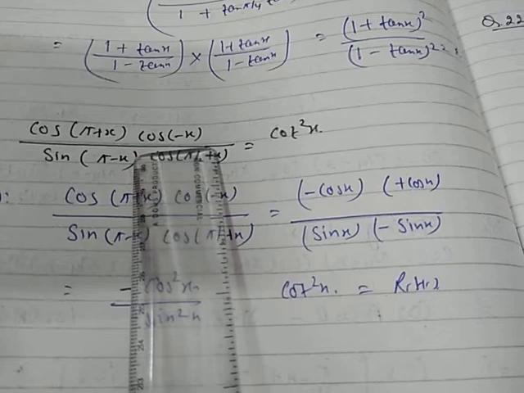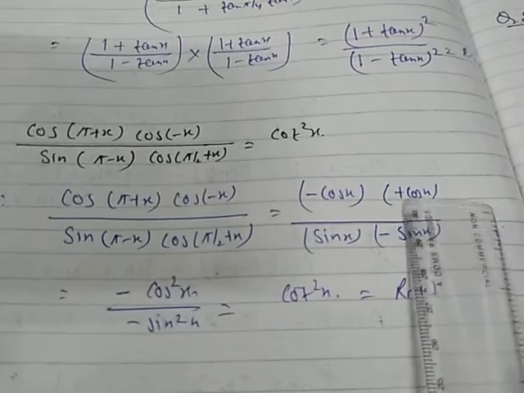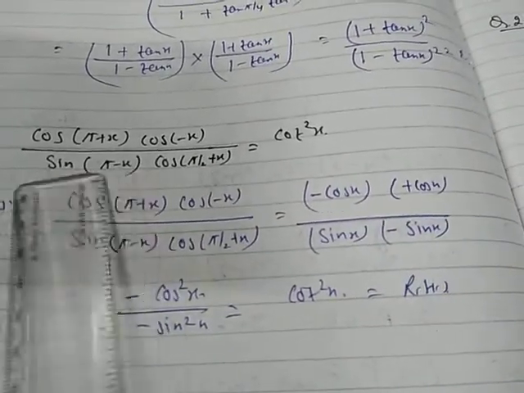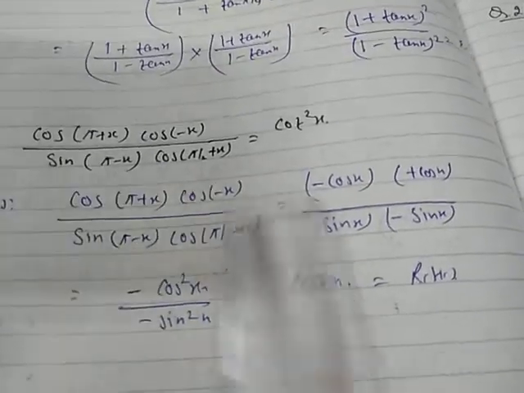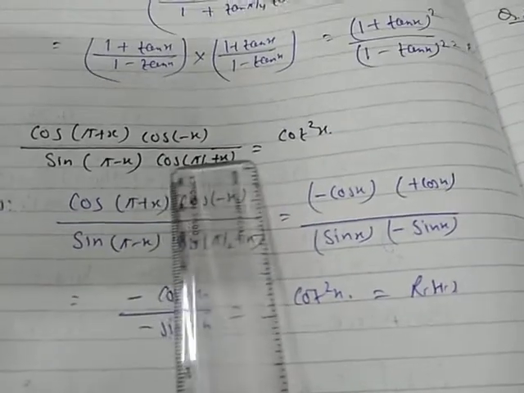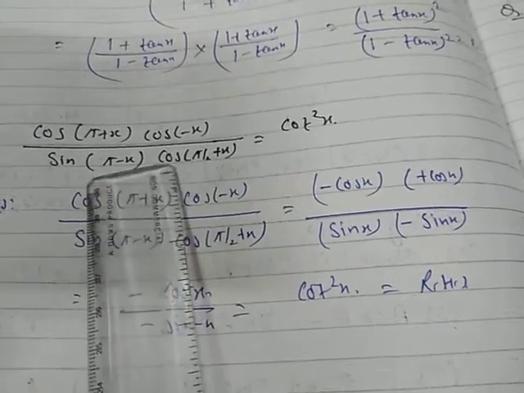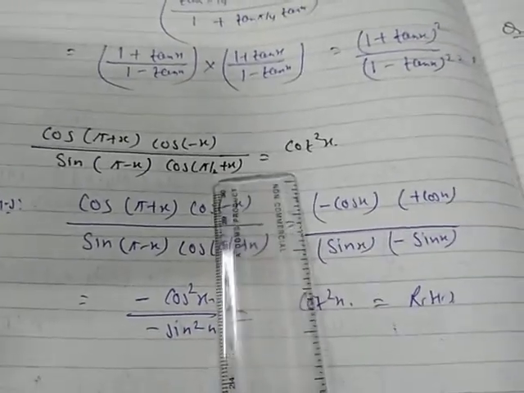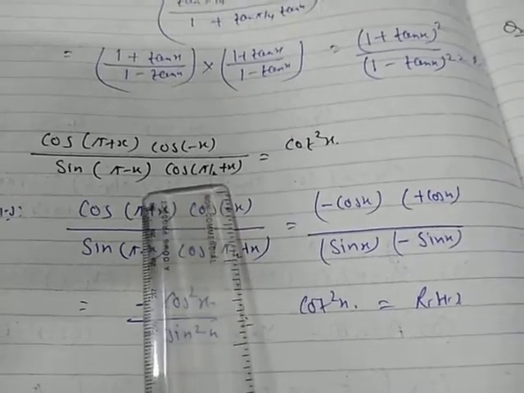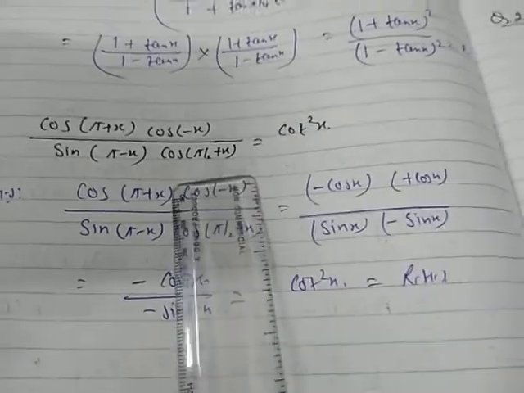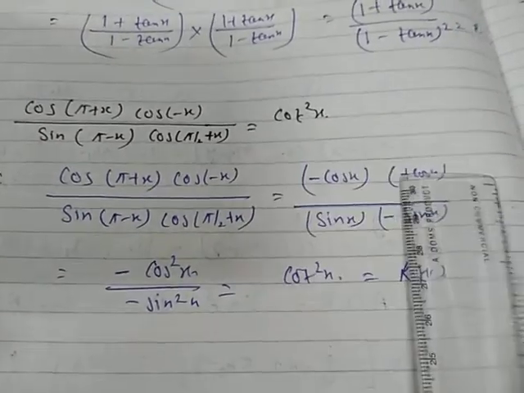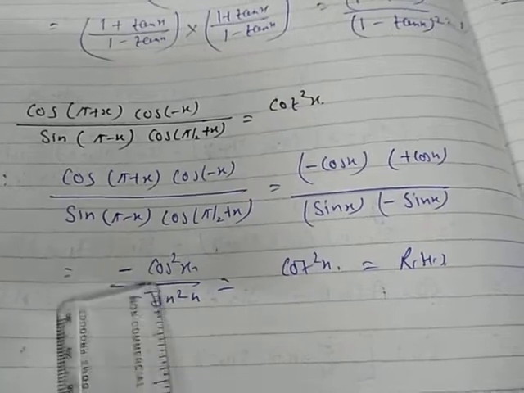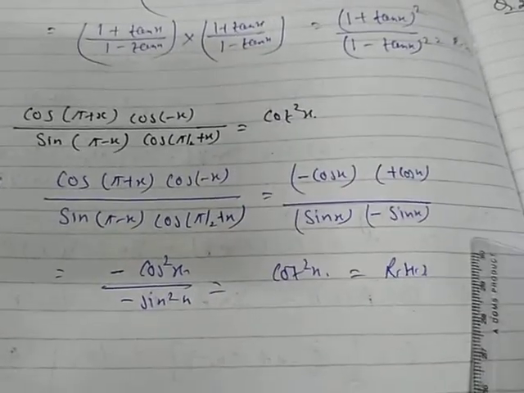Cos of minus x is equal to plus cos x. Sin(pi minus x) is sin x with positive sign, because pi minus x lies in the second quadrant. Cos(pi by 2 plus x), the angle is an odd multiple of pi by 2, therefore cos is converted into sin. Pi by 2 plus x lies in the second quadrant, therefore cos is negative here. Therefore cos(pi by 2 plus x) will be minus sin x. Here minus cos square x upon minus sin square x will give you cot square x.